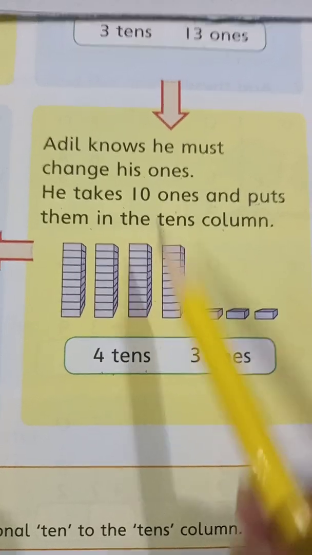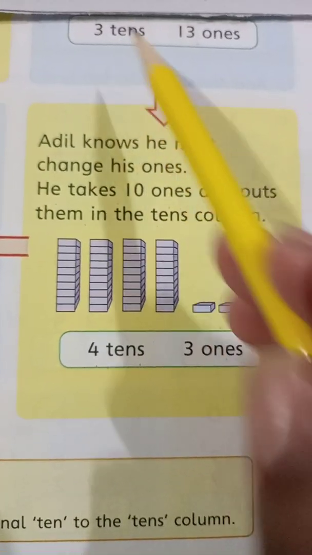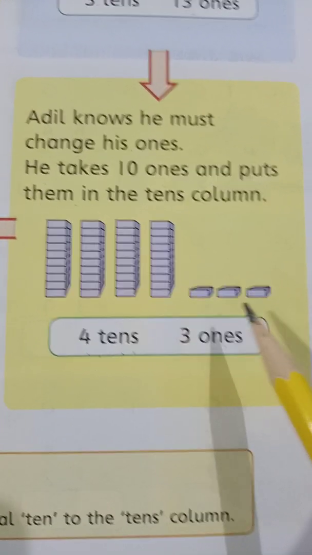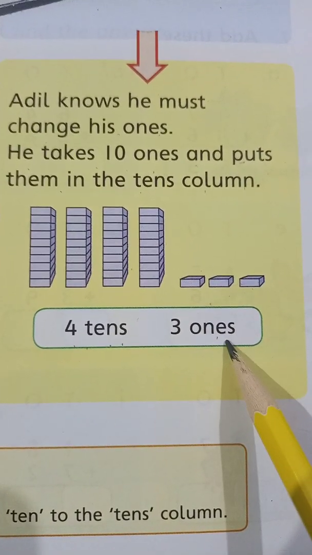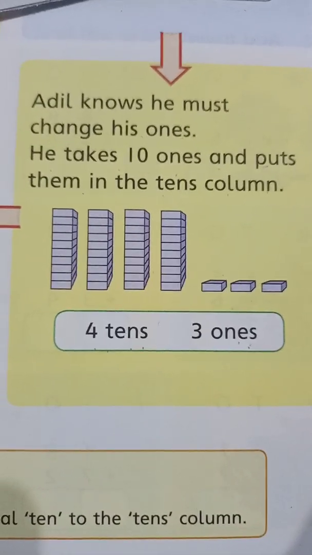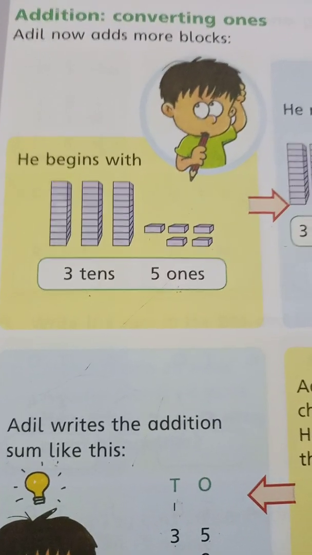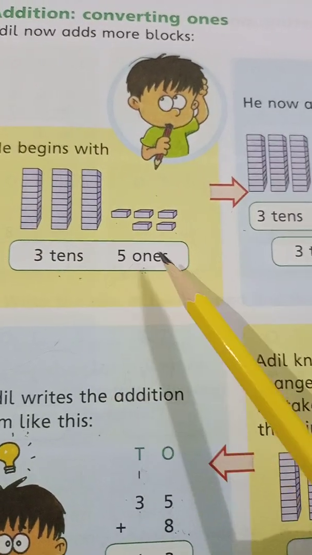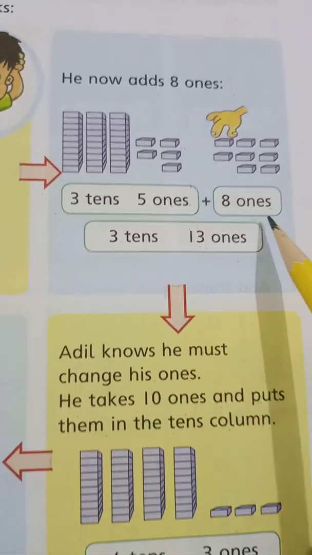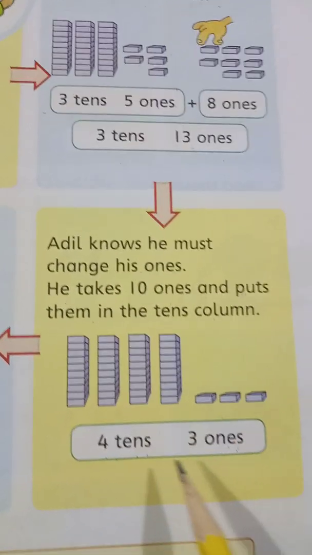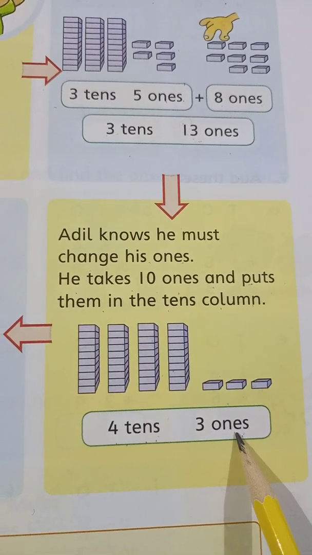So the tens column will be converted from 3 tens to 4 tens, and he has the 3 loose boxes, so he will get 3 ones in the ones column. Okay students, now Adil has added the 3 tens and 5 ones with the 8 more ones, and he has rearranged his boxes into the tens and ones column.